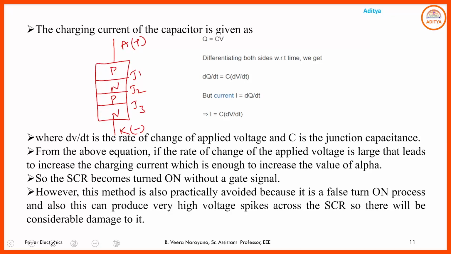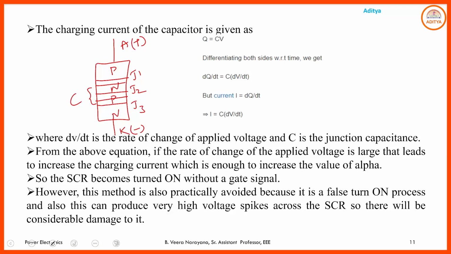Due to this junction J2, a depletion layer is created. Hence at the junction J2, we have a capacitance property, due to the presence of the charge carriers at the junction.